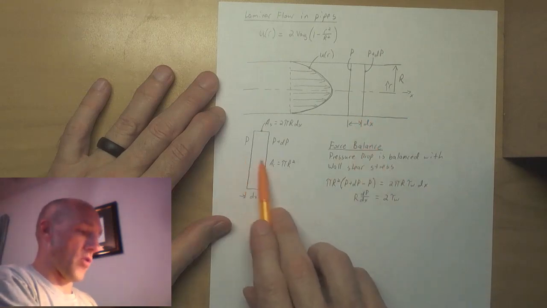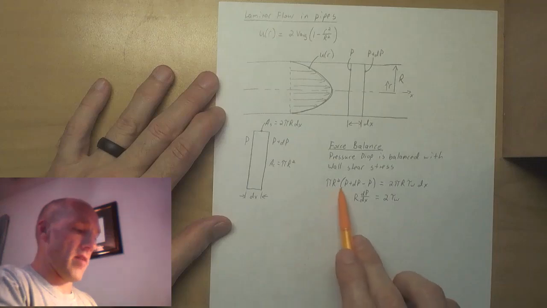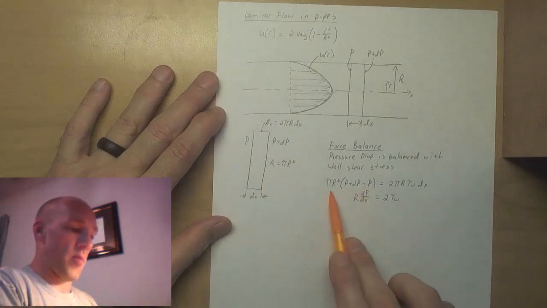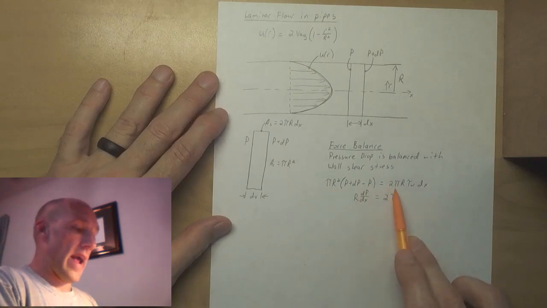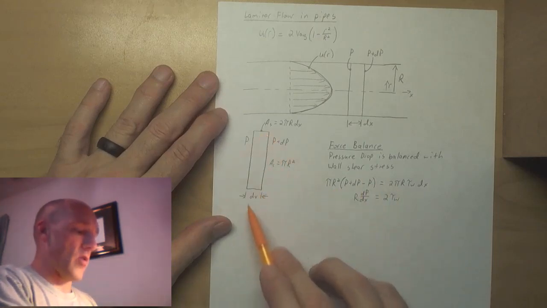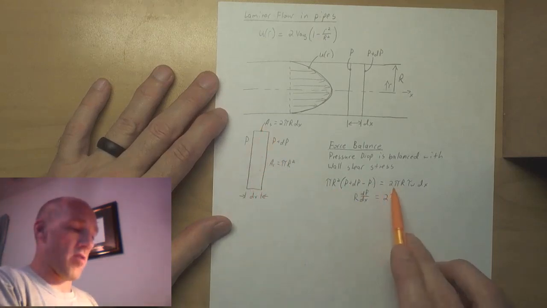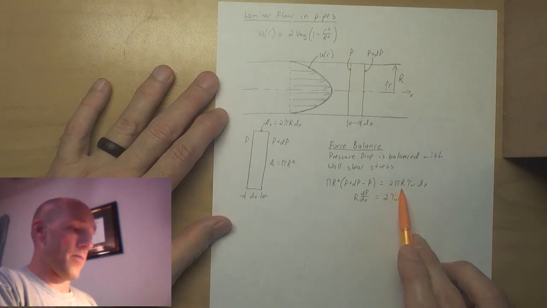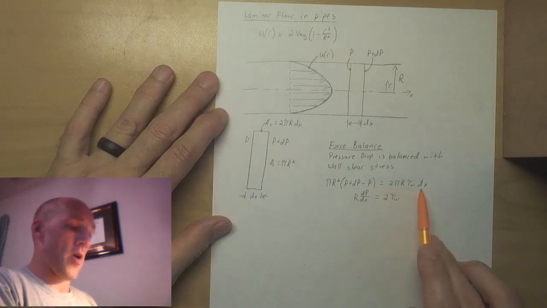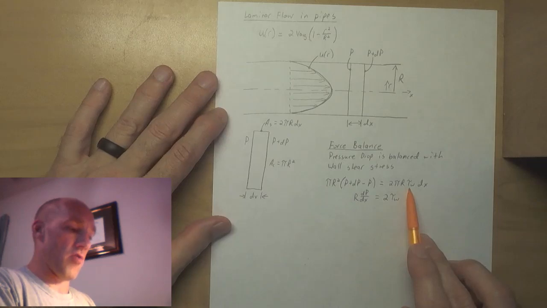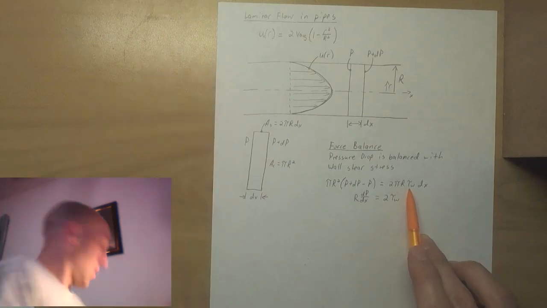So you have a force over here acting on a force over here. The net is the change in pressure times the area it's acting upon, and the force acting on the cylindrical surface is the area, 2 pi r dx, times the shear stress.